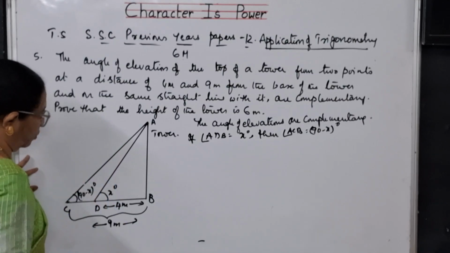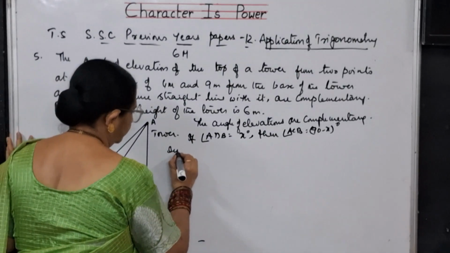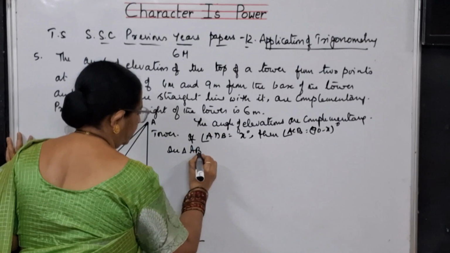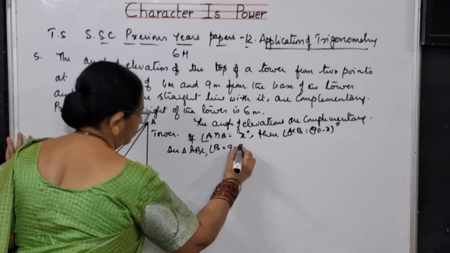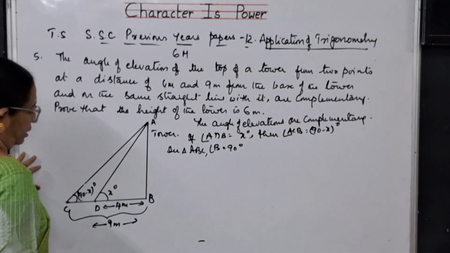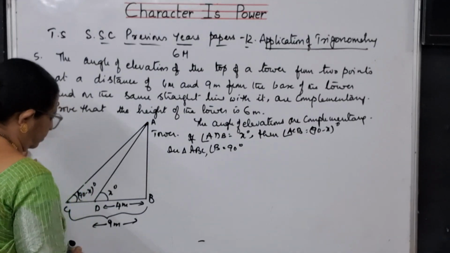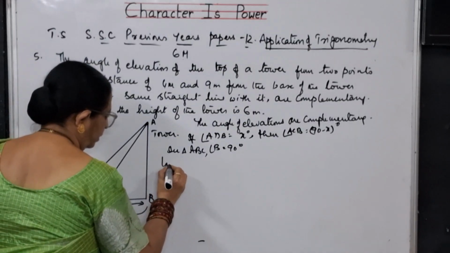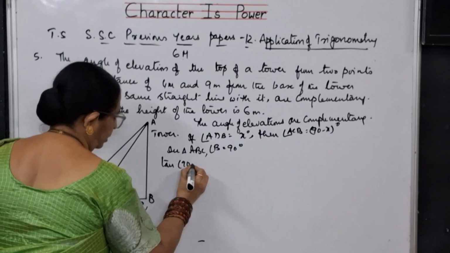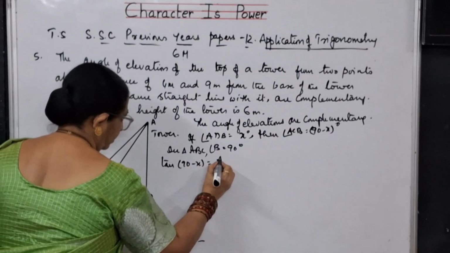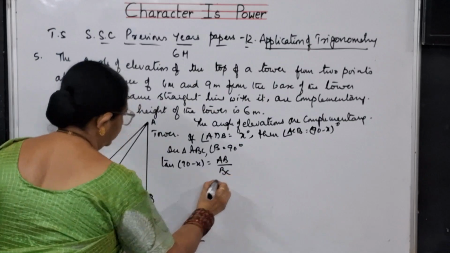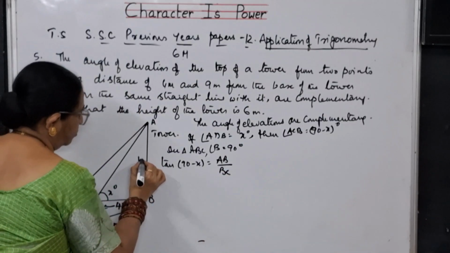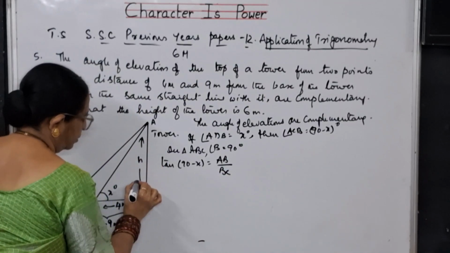Now let me take triangle ABC. In triangle ABC, angle B is equal to 90 degrees. So tan 90 minus x is equal to AB by BC. What is AB? It is nothing but height.